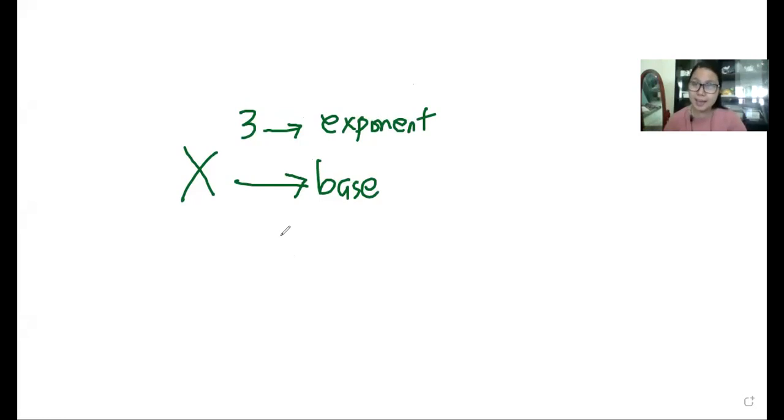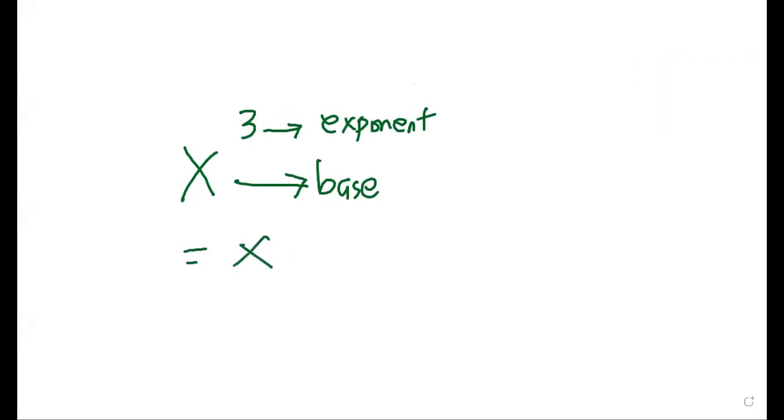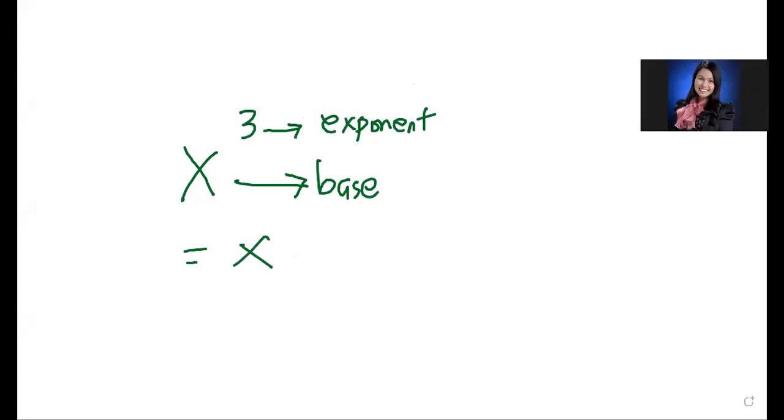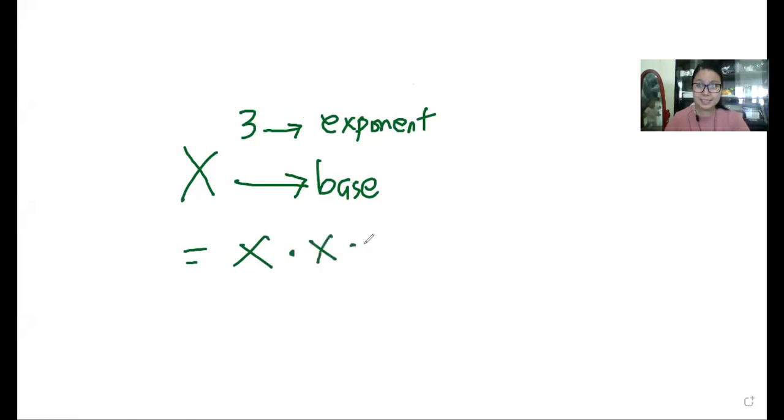So if you say x to the power 3, that would mean x times x times x. That is x to the power of 3.